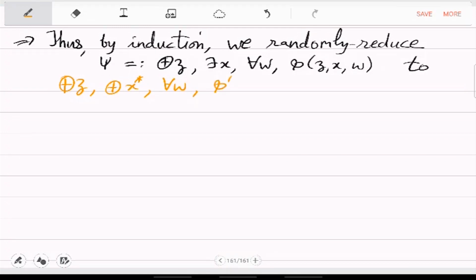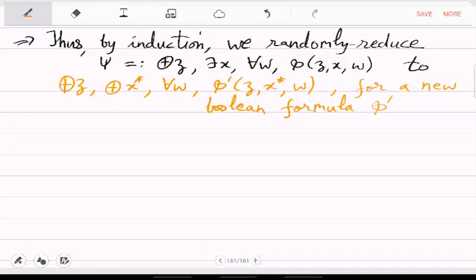A new formula phi prime on Z, X star, W, for a new Boolean formula phi prime. Okay, so we have managed to reduce these 3 quantifications into 2, parity and then for all.